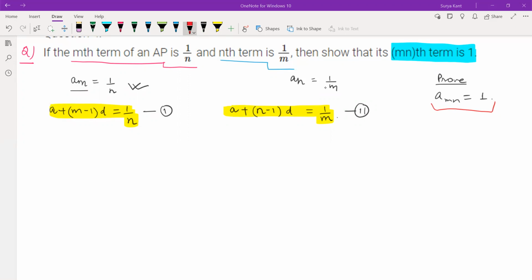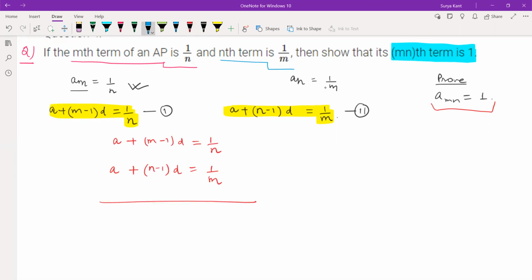So how to solve this? Just subtract. If you subtract the second from the first, a and a will get cancelled, right? So first I'm writing a plus (m minus 1) into d is equal to 1 by n, and a plus (n minus 1) into d is equal to 1 by m.